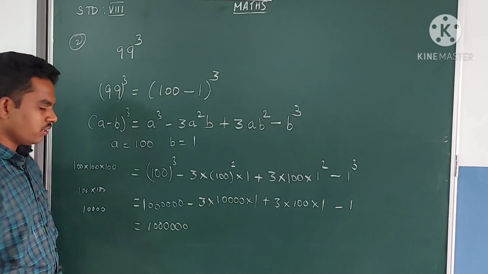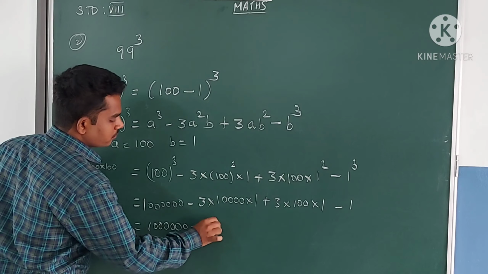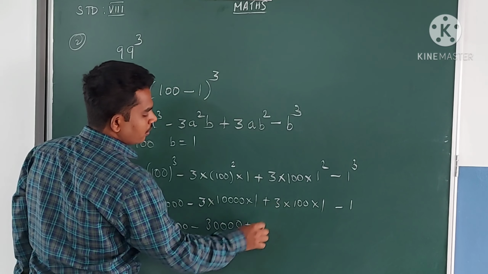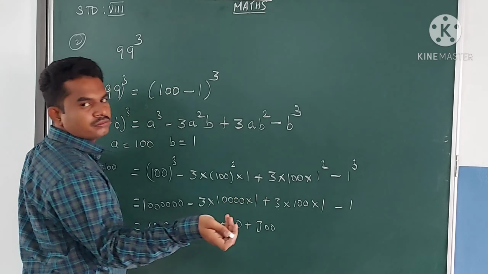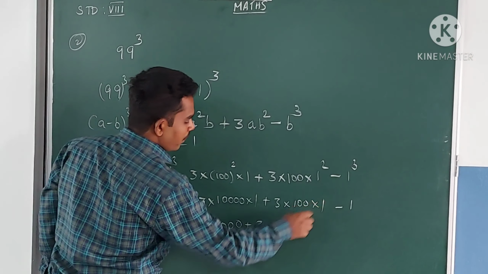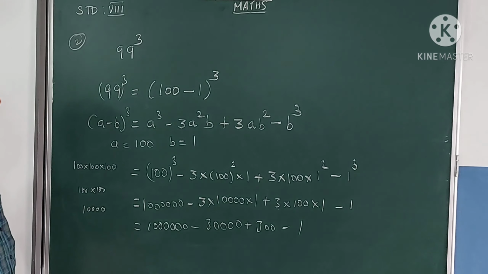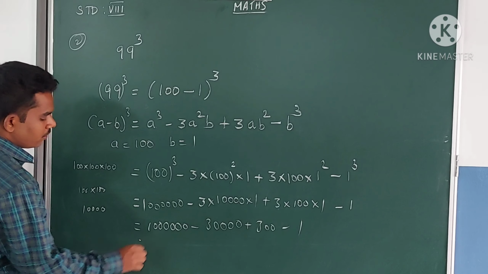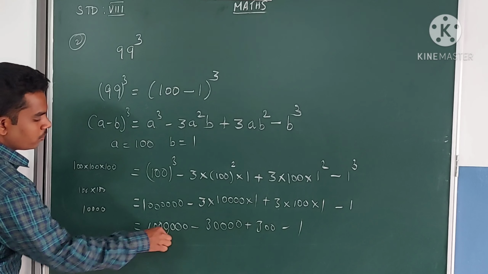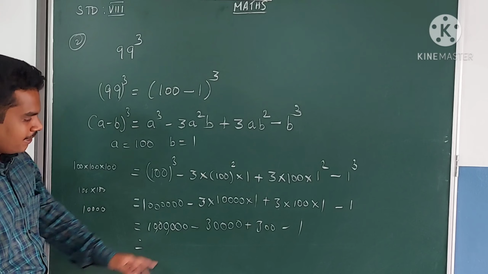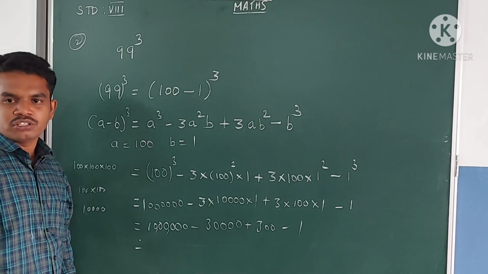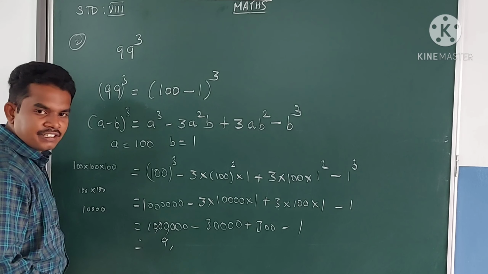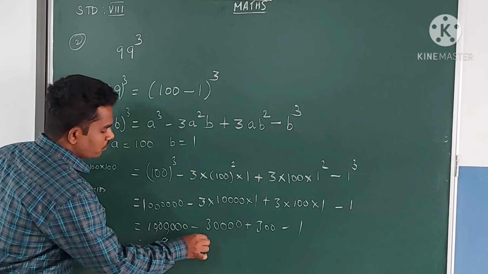Three into 10,000, 30,000. Next 3 into 100, 300. 300 into 1, what? 300 minus 1. Okay. Now let us simplify. So 10 lakh minus 30,000. So the resultant answer is 9,70,000.